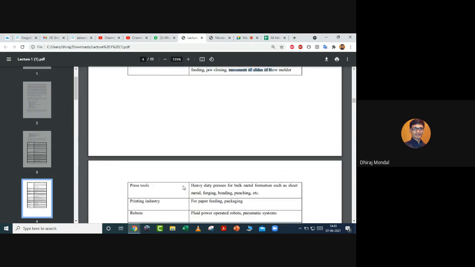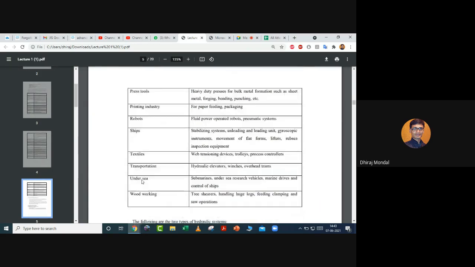Then in the plastic industry, automatic injection molding machines, raw material feeding, closing, movement of the slide of the blow molder. So application, I'm just reading the applications for the last 10 minutes. So lots of applications are there. Press tools, heavy duty presses for bulk metal formation such as sheet metal, forging, bending, punching, etc. Then the printing industry for paper feeding, packaging.